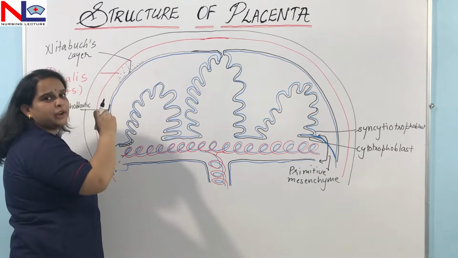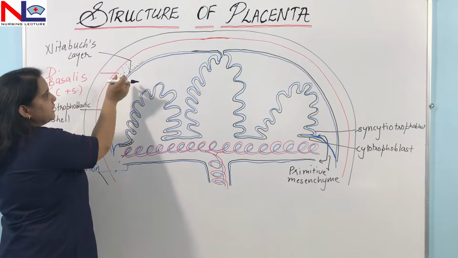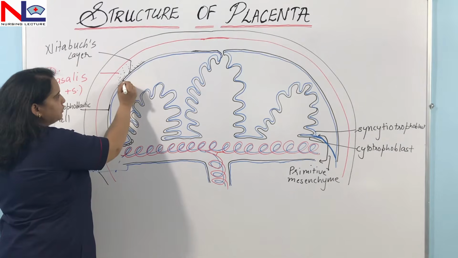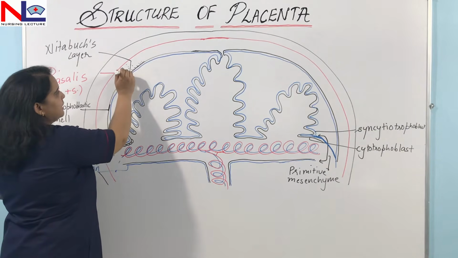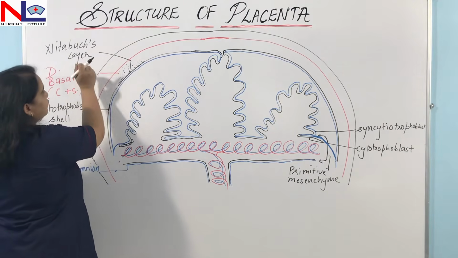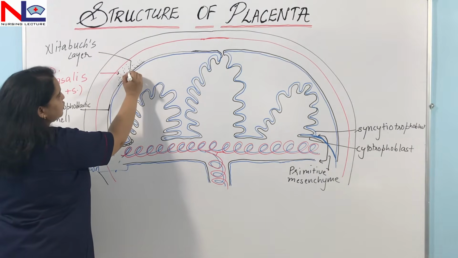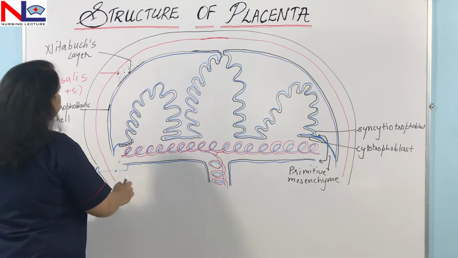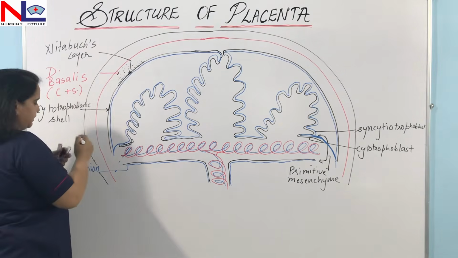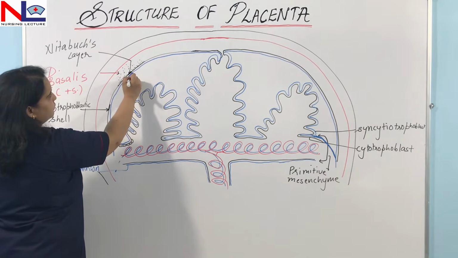It is the fibrinoid degenerative layer of syncytiotrophoblast which lies in between the cytotrophoblastic shell as well as the decidua basalis. So in the basal plate, the outer one is the decidua basalis, then comes the Nitabuch layer, then the cytotrophoblastic shell, and lastly the syncytiotrophoblast.